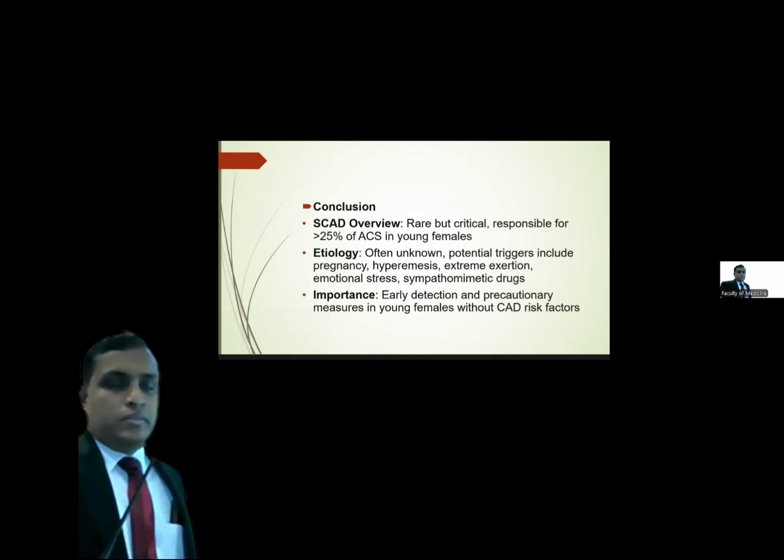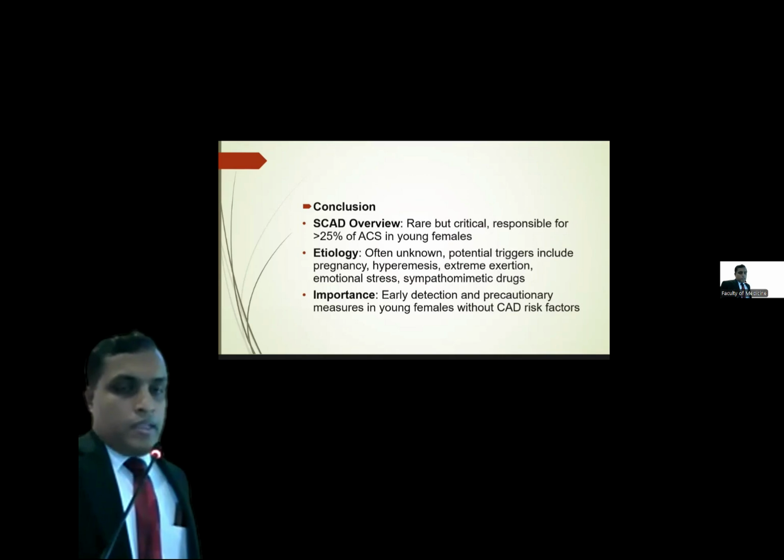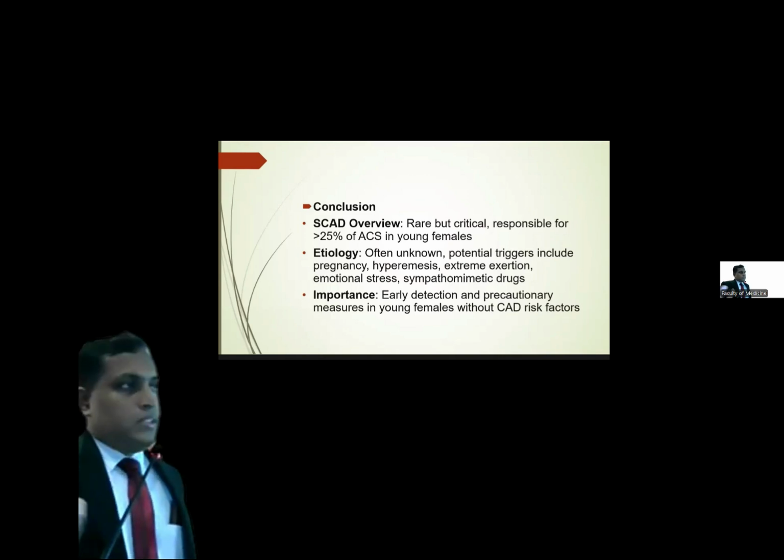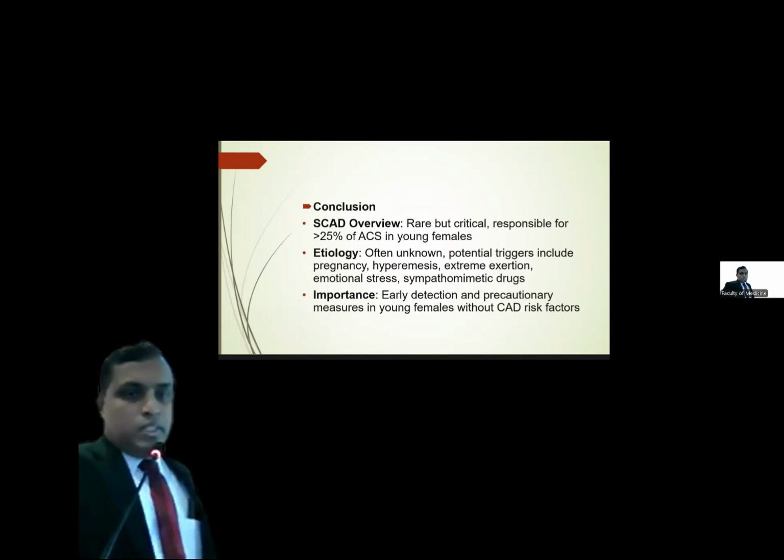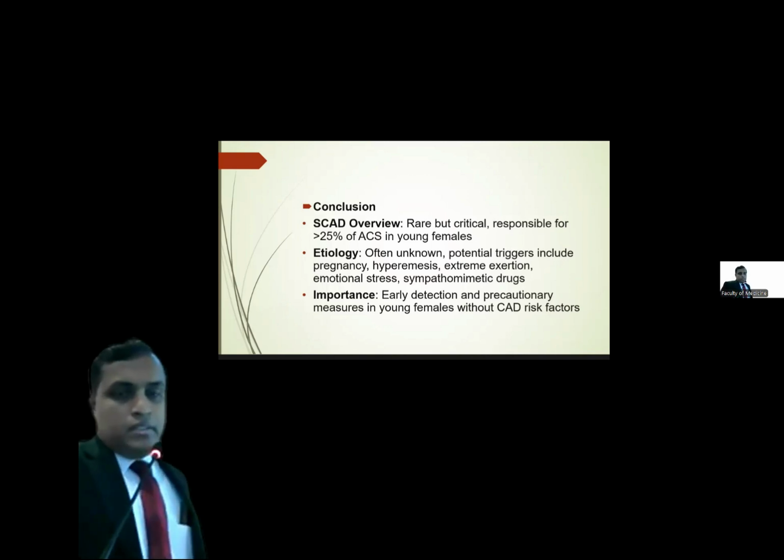So then we generally suspect coronary dissection, because even in the postpartum period there is a laxity of smooth muscle also. Other than that, there can be severe stress like hyperemesis, extreme exertion, emotional stress, and some sympathomimetic drugs.